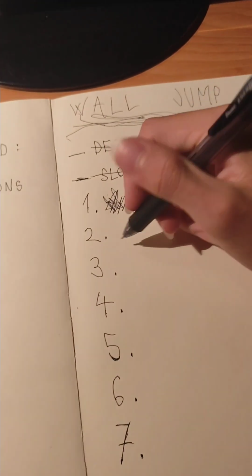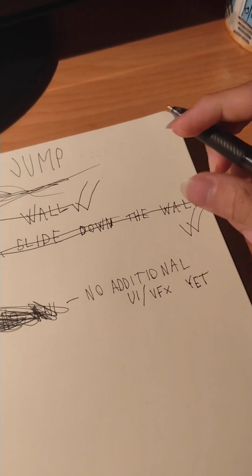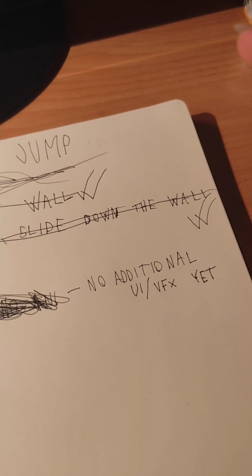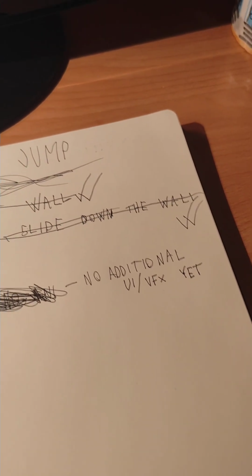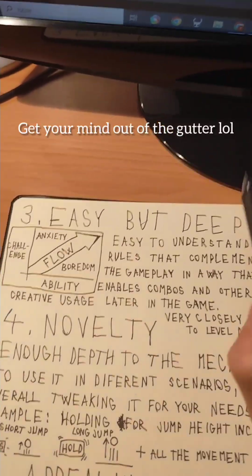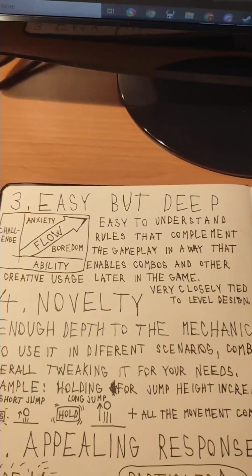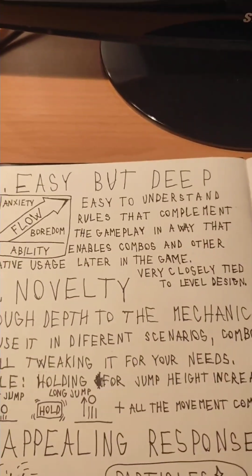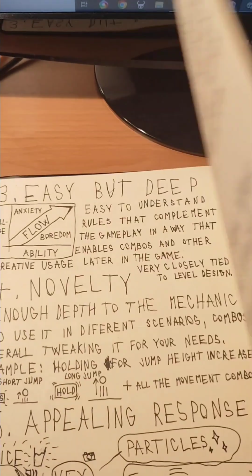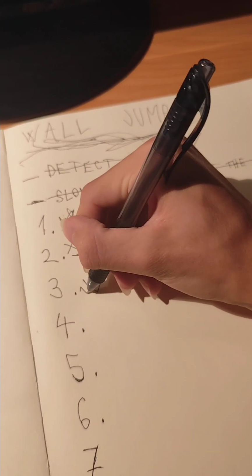which I would say lacks a bit because I don't have animations yet. So no additional user interface or visual effects yet. Third rule, easy but deep, and well, it's one of the core movement mechanics that works the same way as the jump does, so I'm gonna check that.